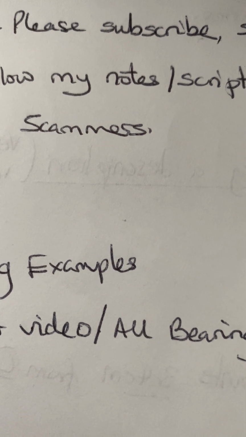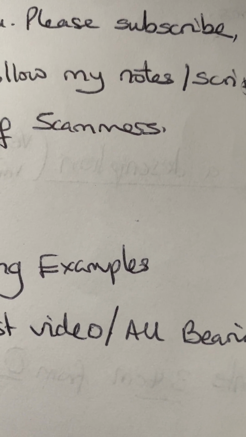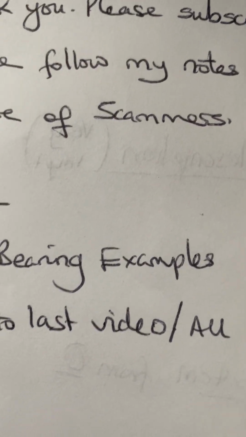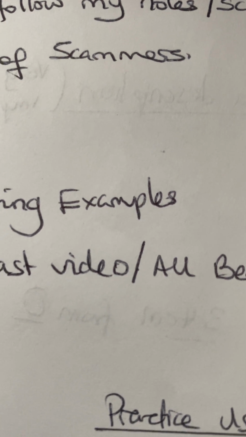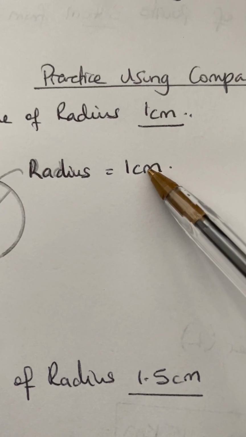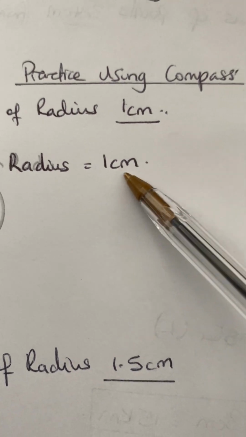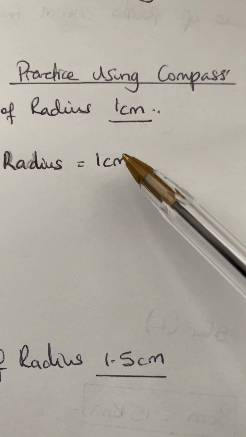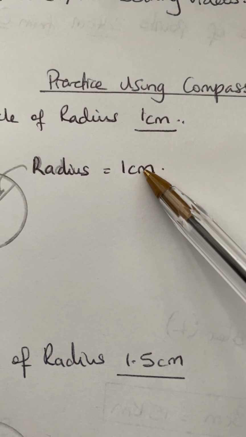Okay, but if you follow the notes, then everything on the notes is what you should go by. So if for instance this is 1 centimeter radius, and you hear 1 meter, follow the note, it is 1 centimeter, please.